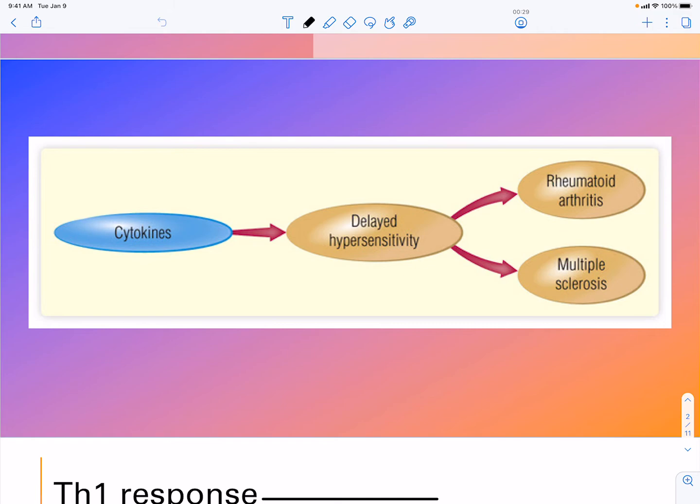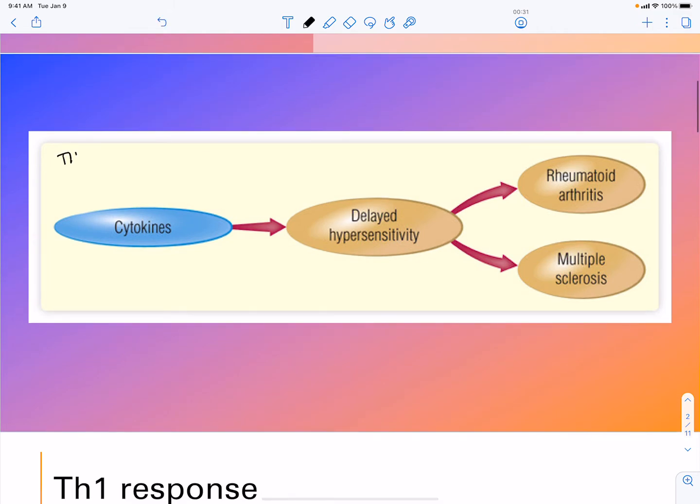So this is going to be primarily a Th1 response. Some can have some Th17 influence, and it's going to take place 2 to 3 days after antigen. And the TB skin test is an example.